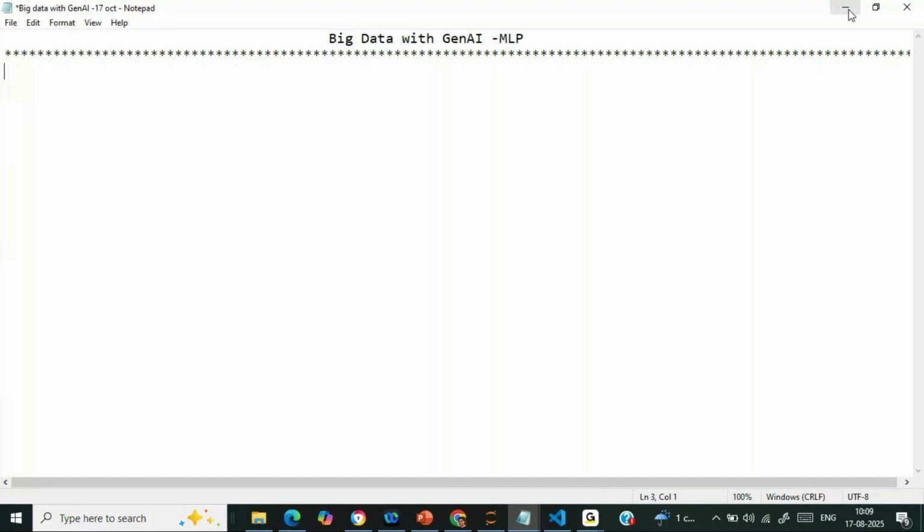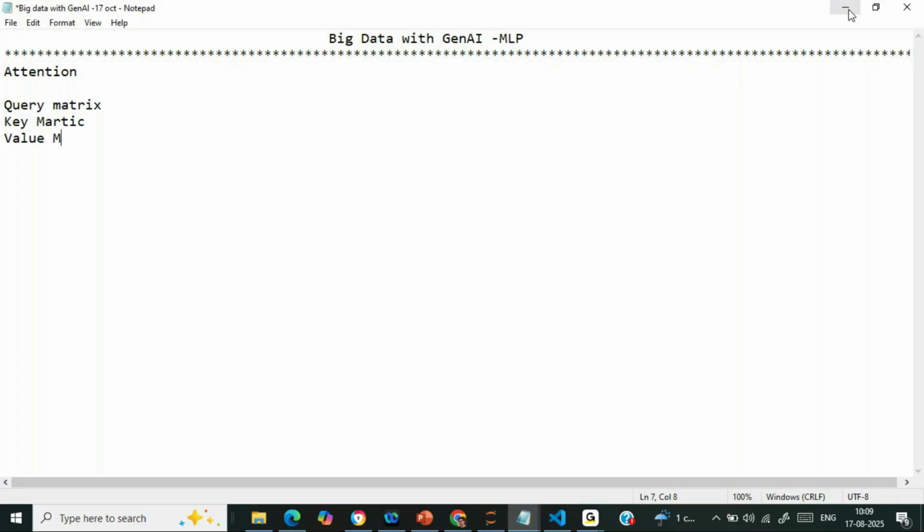So, friends, in the last session we were discussing the attention mechanism, and from it we saw there are three main matrices: the query matrix, the key matrix, and the value matrix.